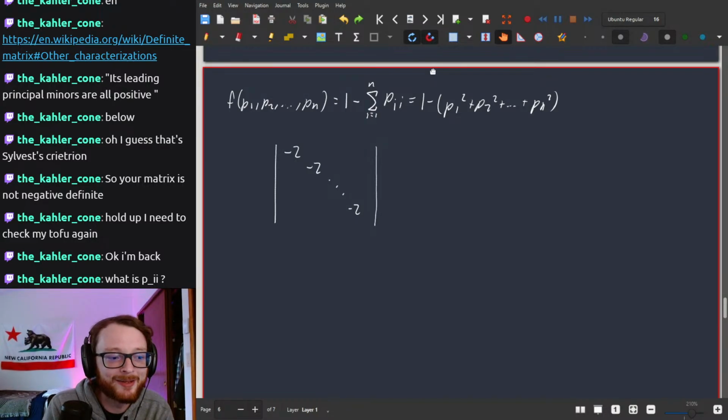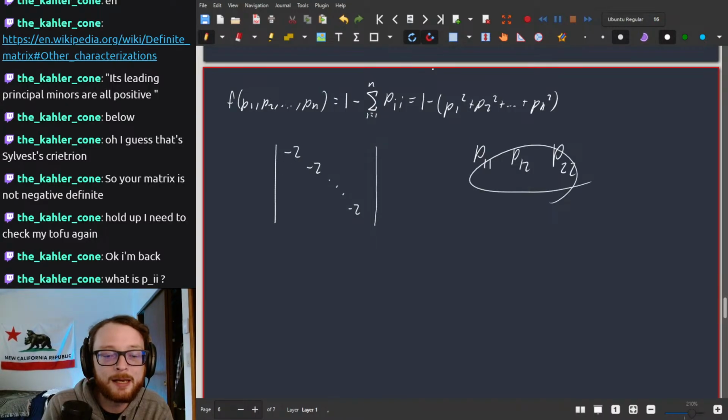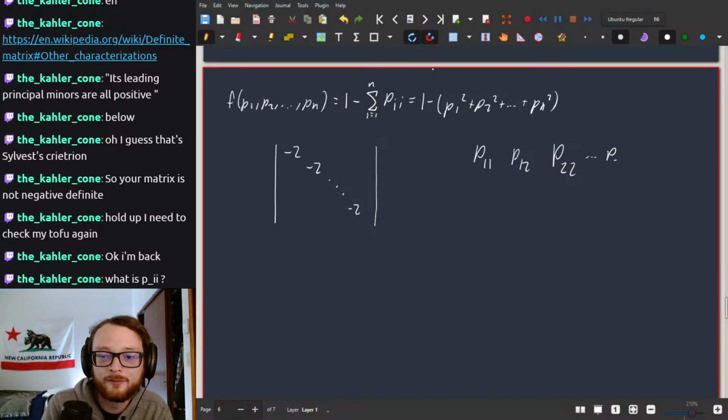It's a little bit hard to describe, but basically every person has either P11 or P12 or P22, or any combination of two numbers up to n, like n-1 or something.